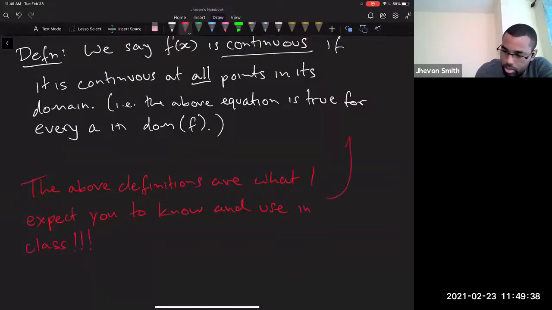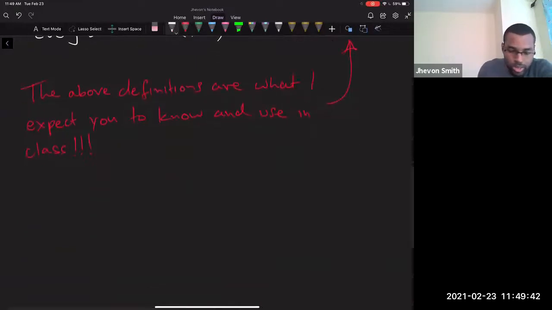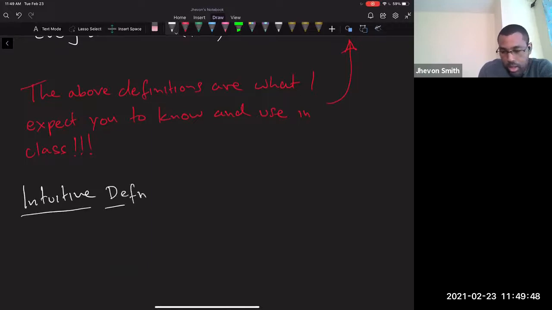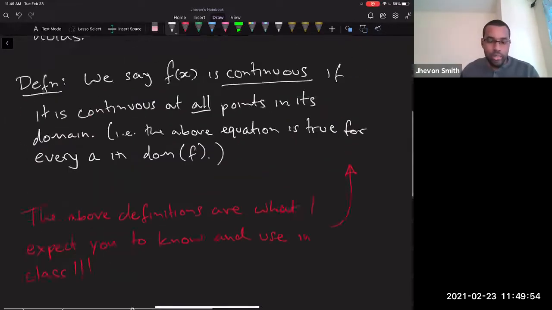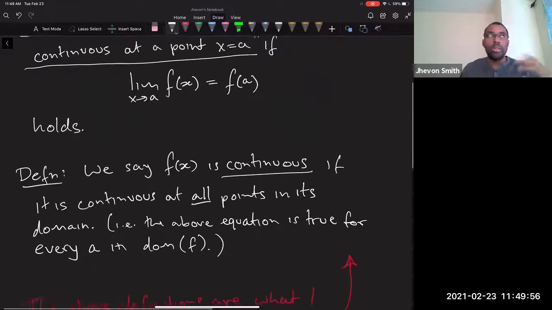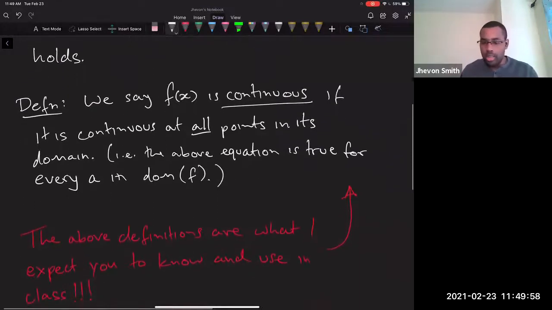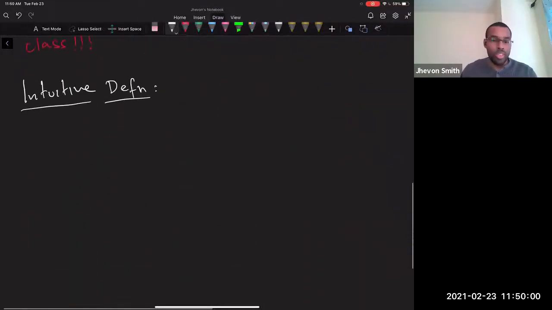Okay, so just want to mention that for the record, because what I'm going to do now is I'm going to give you an intuitive definition. Now, whereas the intuitive definition for limits is the only one I expect you to know, here I do want you to know the exact definition of continuity. However, just for understanding things conceptually, I'm going to give you an intuitive definition.